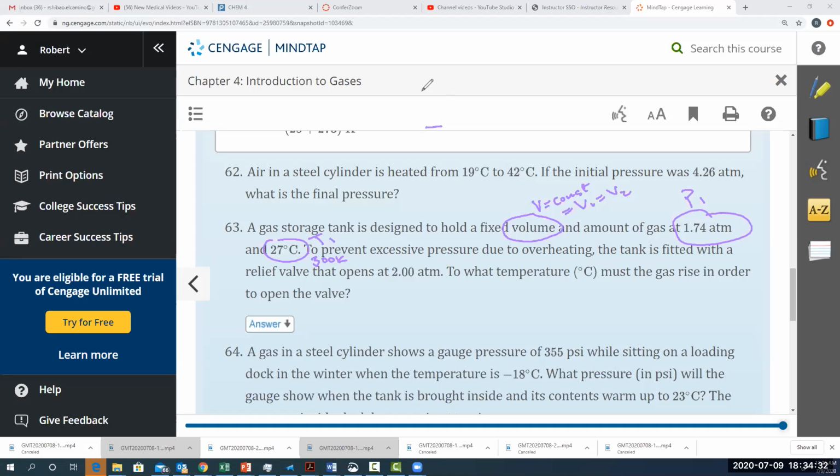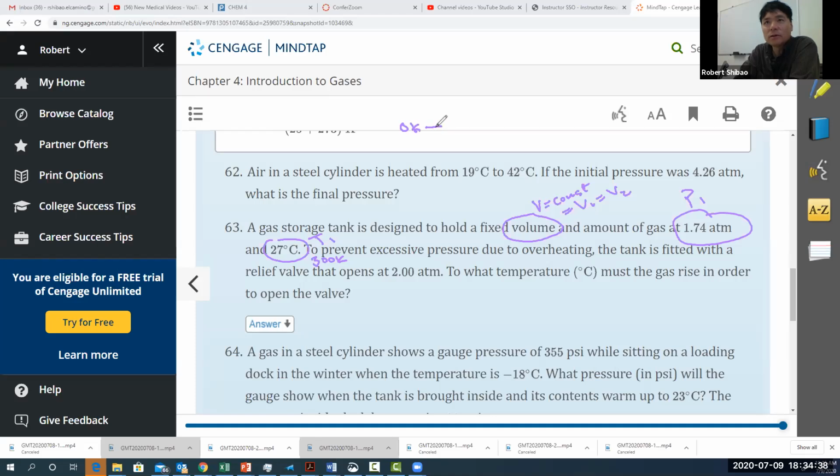I didn't talk that much about it, but in the absolute temperature scale, 0 Kelvin is the absolute coldest temperature you can get. And that we can see from Charles' law. Charles' law is often cited as the reason why that's absolute zero.